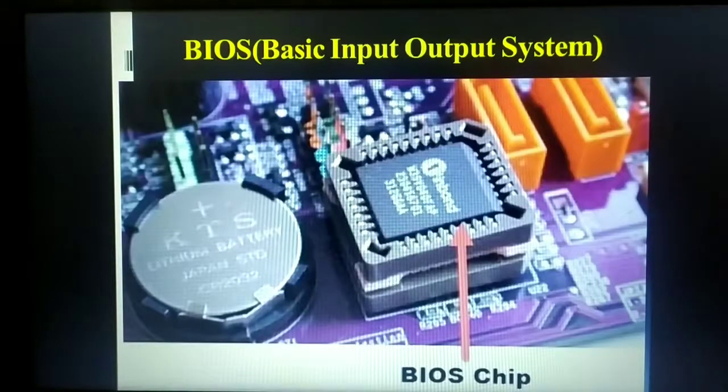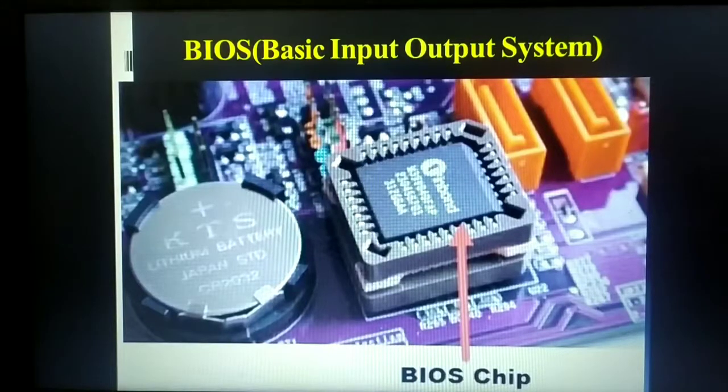So this BIOS chip consists of all the instructions to start your computer system, and it also consists of the instructions to maintain the hardware devices like keyboard, mouse or speakers. So this BIOS holds a set of instructions to load the hardware settings required to activate the various devices like keyboards, monitors or the disk drives.